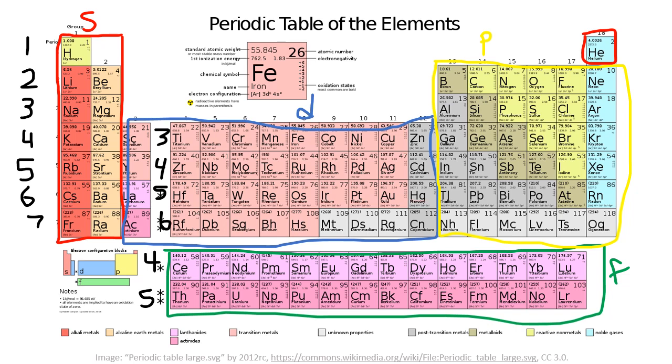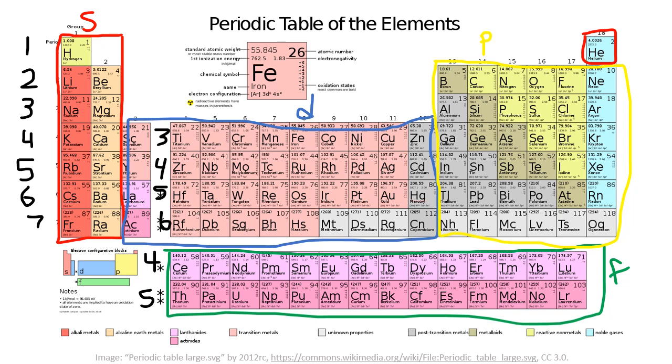Okay, so if we outline in red the alkali metals and the alkaline earth metals, we're going to call this the S block. And the main group elements we're going to call the P block. The transition elements we're going to call the D block, and the rare earth elements we're going to call the F block. So we have the F block, the D block, the P block, and the S block.